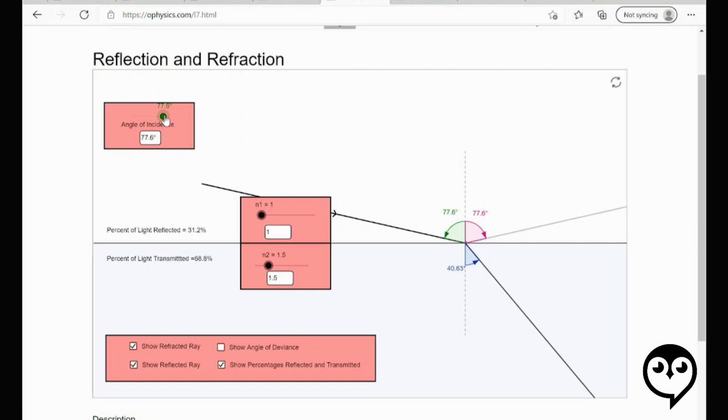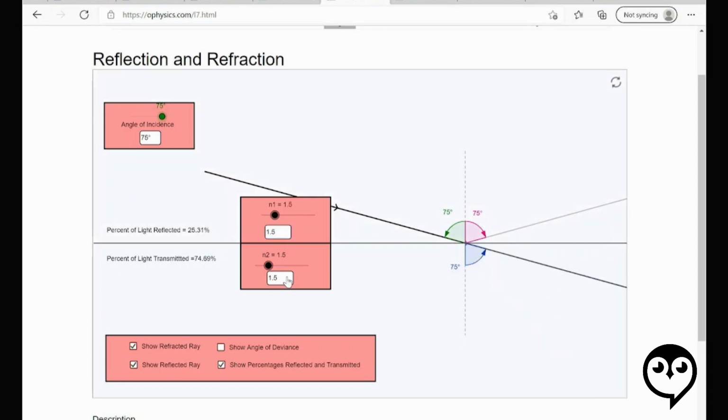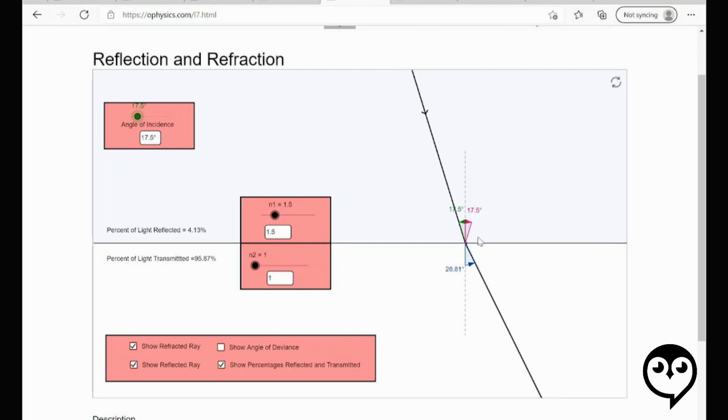But if that angle of incidence gets large enough, nothing happens. That's because we're going from the light into the more dense medium. But if I were to switch these around, okay, and now we're going from glass into air.